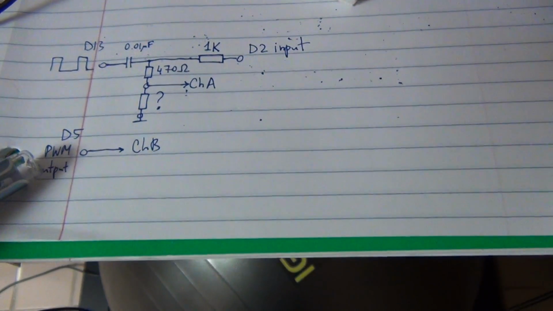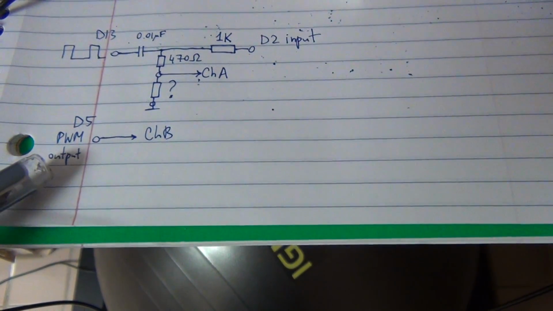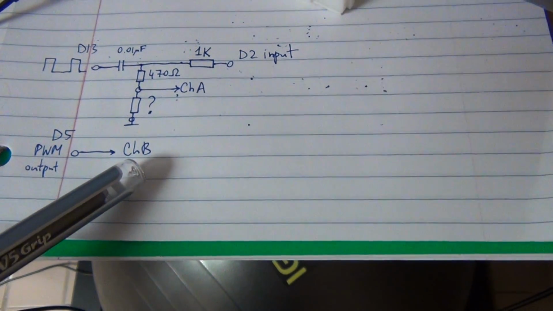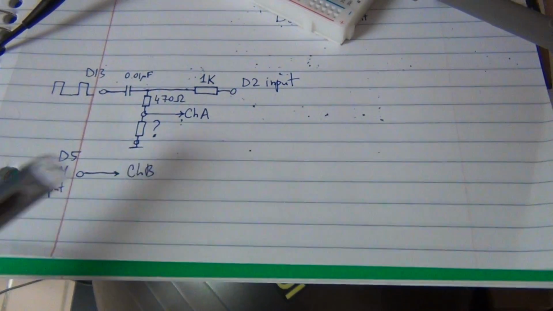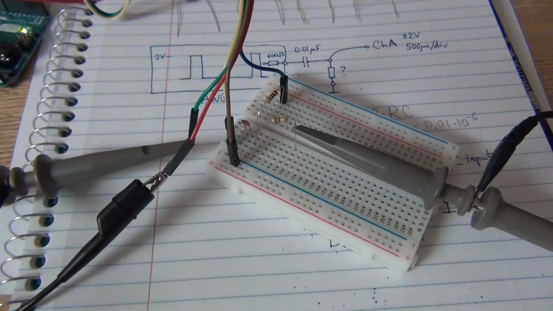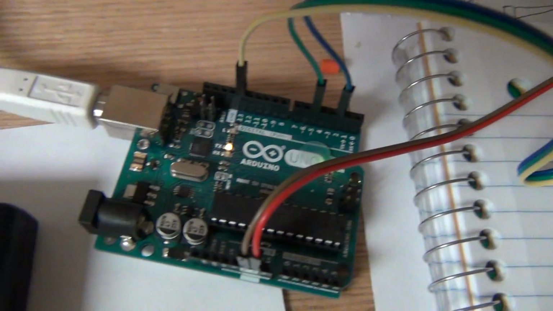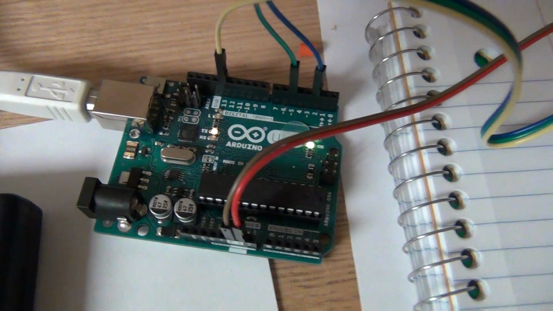We also have pin D5, which will be our pulse width modulation output that will connect to channel B on the oscilloscope. Here you can see how this looks on the breadboard and on the Arduino Uno.